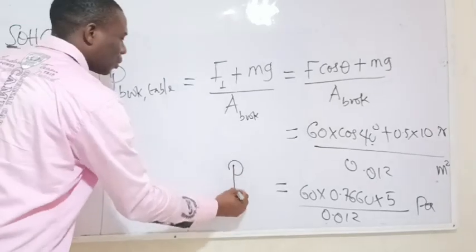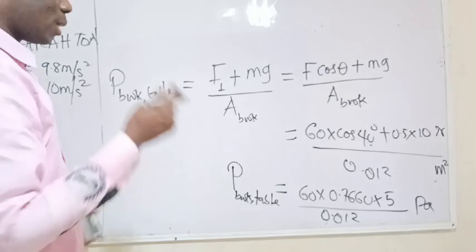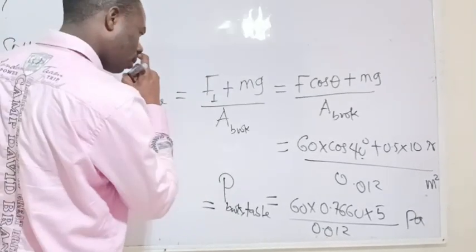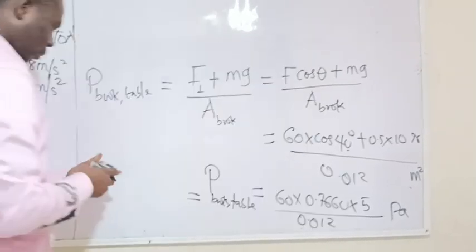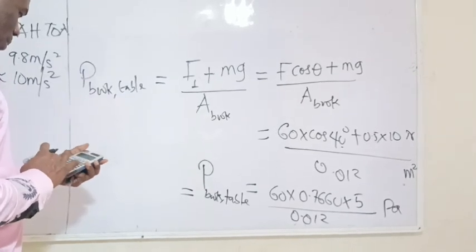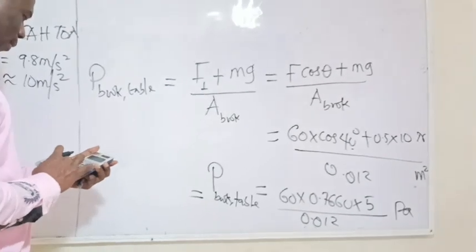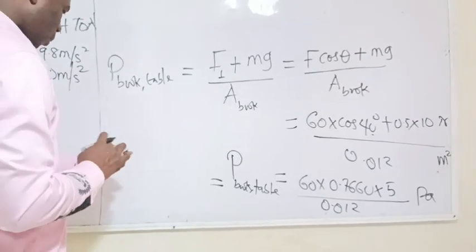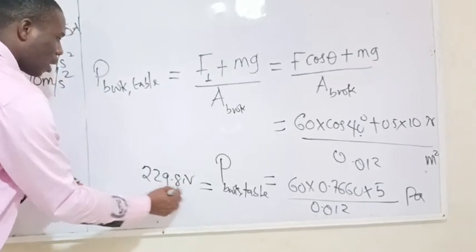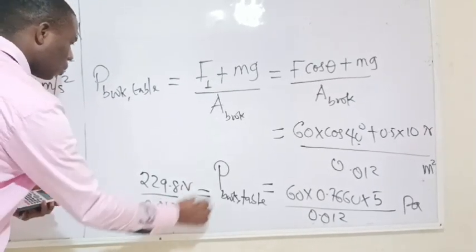So this is the pressure from the book on the table. Just to set the record straight, let me give the final results. This is 60 times 0.7660, plus 5, which is 229.8 Newton, and I'm dividing this by 0.012.